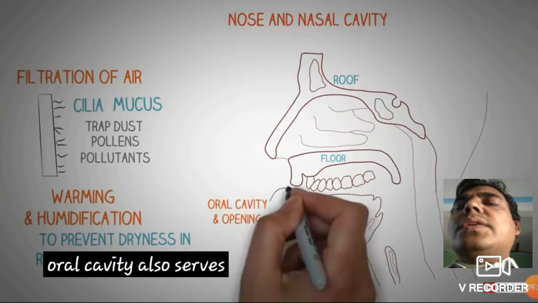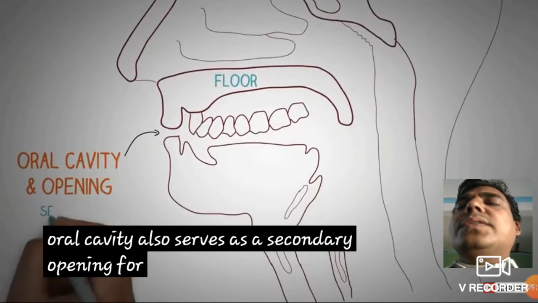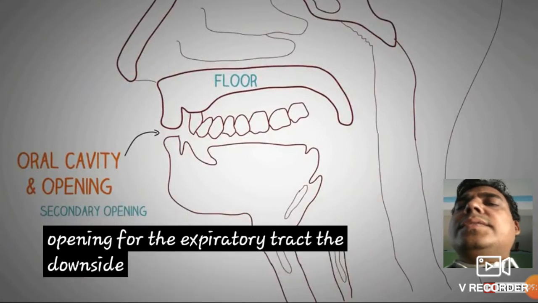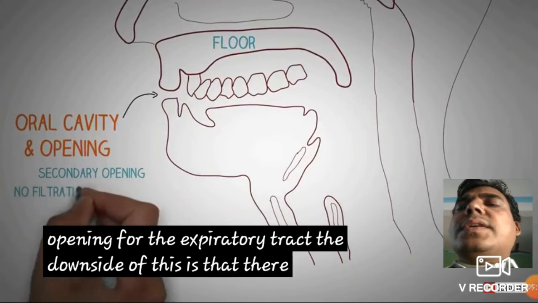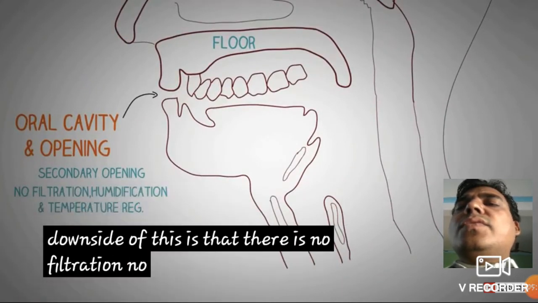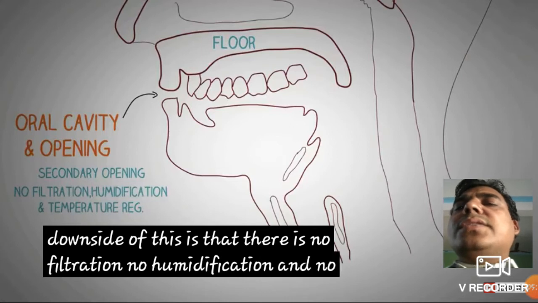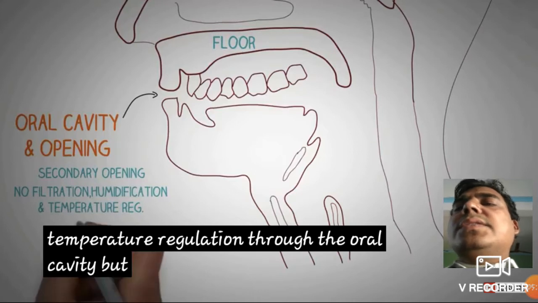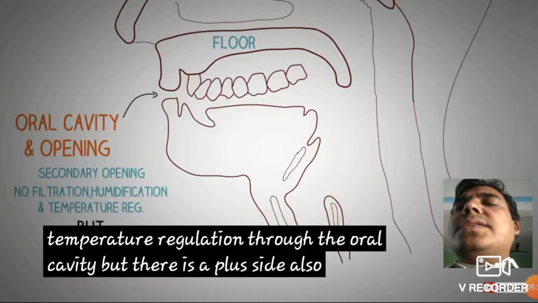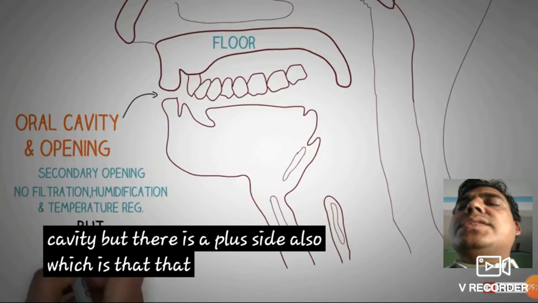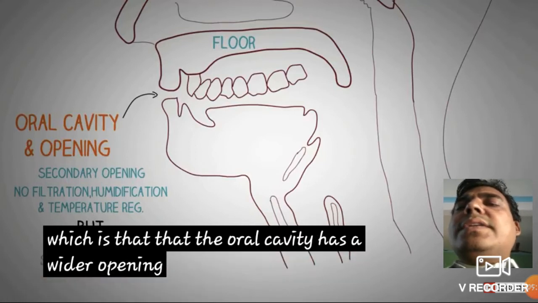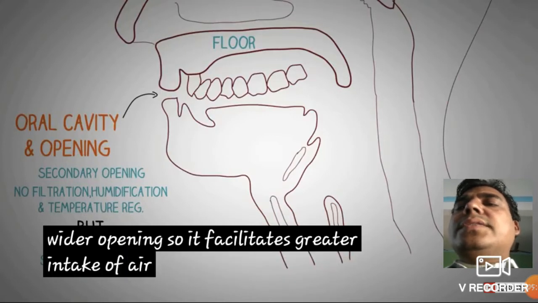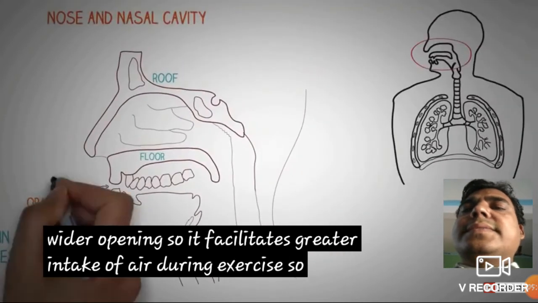The oral cavity also serves as a secondary opening for the respiratory tract. The downside of this is that there is no filtration, no humidification and no temperature regulation through the oral cavity, but there is a plus side also, which is that the oral cavity has a wider opening, so it facilitates greater intake of air during exercise.